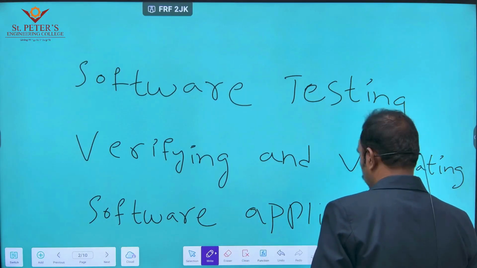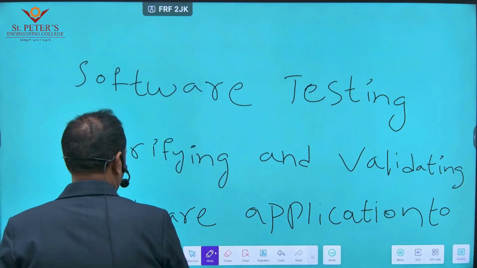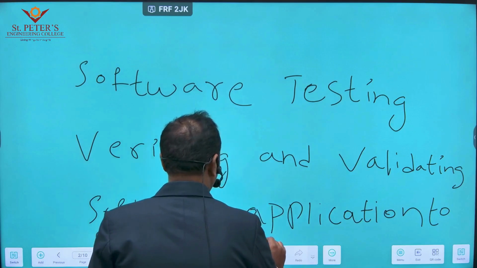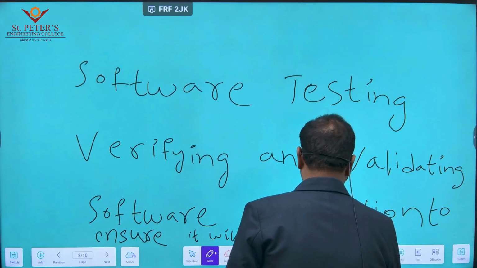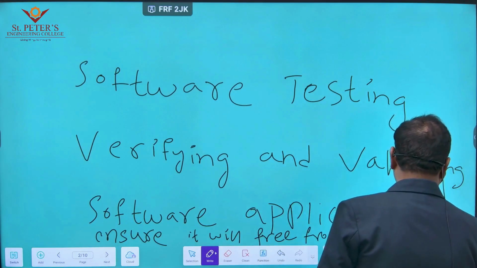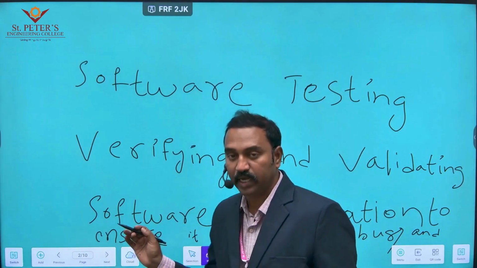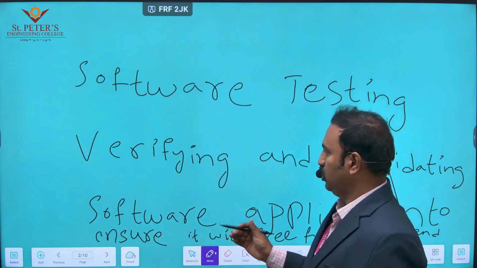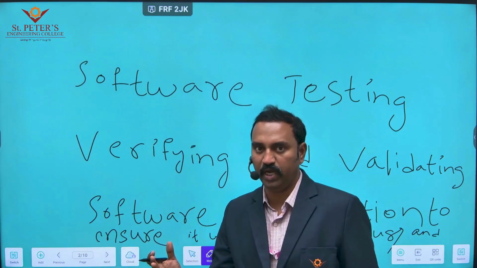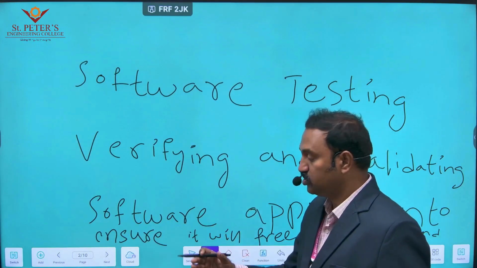to make sure, to ensure it will be free from bugs, and to make sure it will get the expected result. Whatever expectations are required, those expectations should be met.